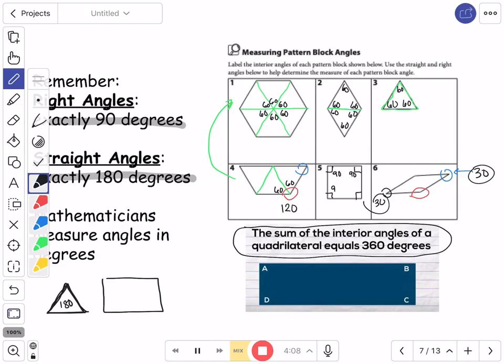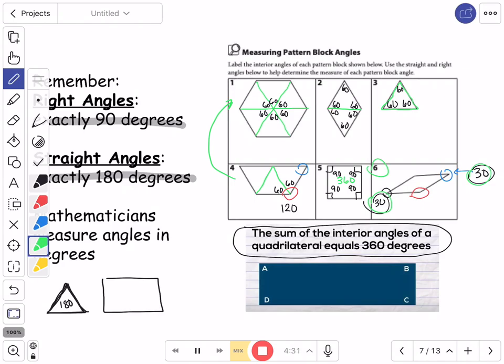The sum of the interior angles of a triangle are 180, but the sum of the interior angles of a quadrilateral, now that should hold true, because if you think about 90 plus 90 plus 90 plus 90, well, 9 times 4 is 36, so that means that 90 times 4 must be 360, okay?